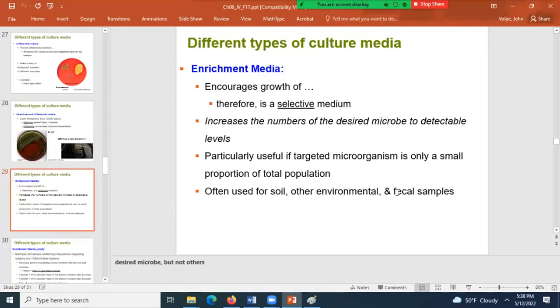And the pathogen may be at very low numbers. And so what you do is you grow it in the enrichment media, and then you can actually have the chance of isolating your human pathogen.